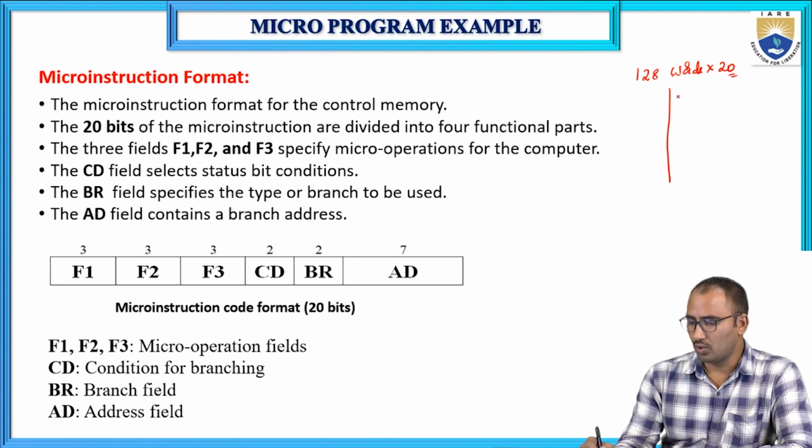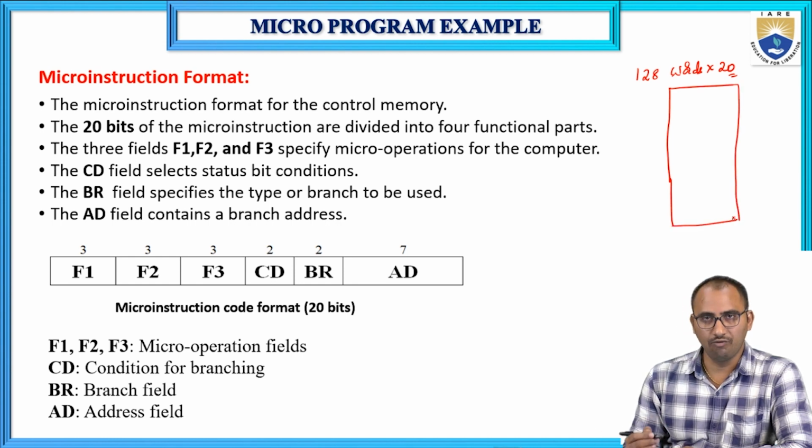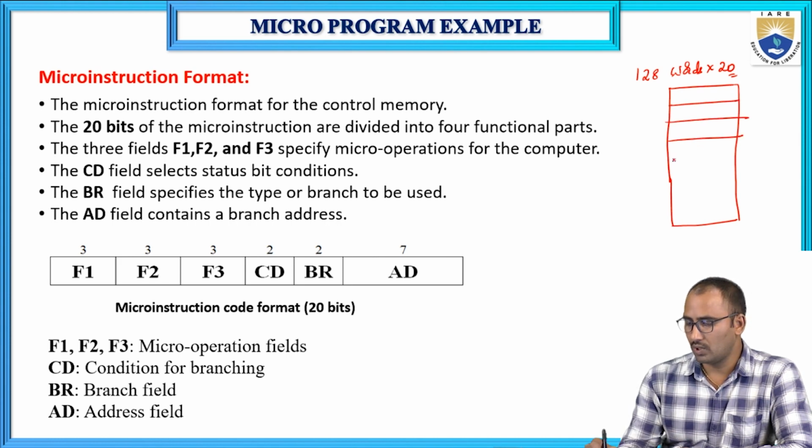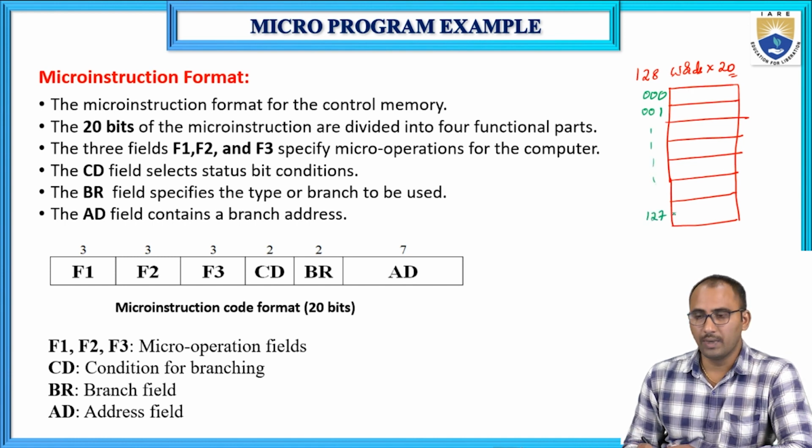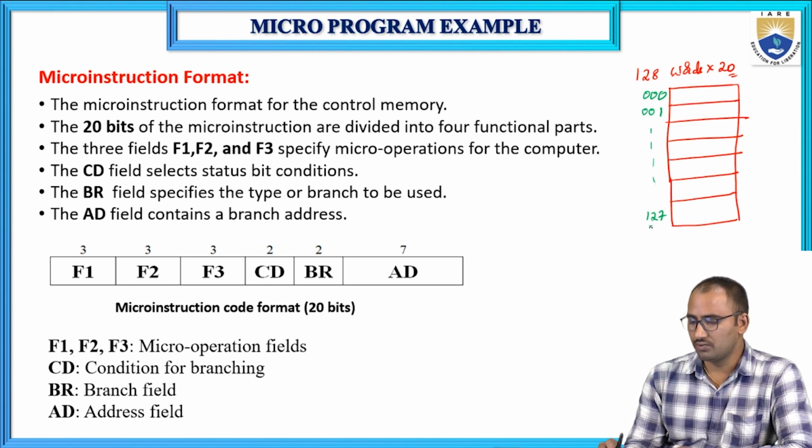So that means in total we have 128 words, nothing but 128 memory locations, starting with 0, next 1, like that. The last one is 127, because the starting address starts with 0, so the last value is n minus 1, where n is 128. 128 minus 1 is equal to 127.